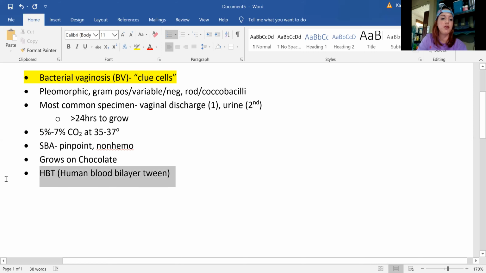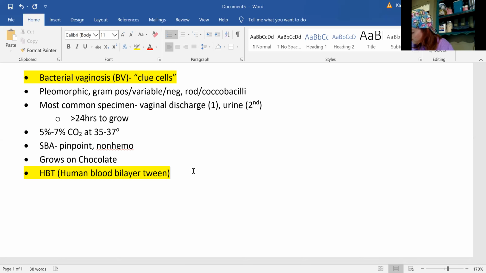So I'm going to highlight this one too. Beta hemolytic colonies on HBT agar should be suspected as your G. vaginalis. MALDI-TOF will identify this organism well. Some labs use the 16S RNA gene sequencing for definitive identification.